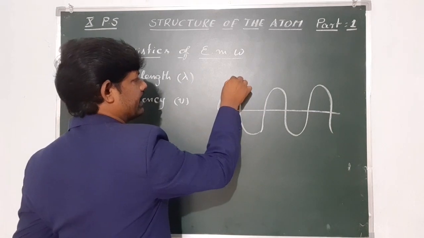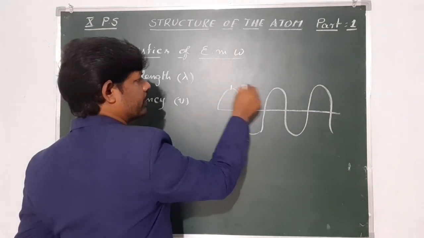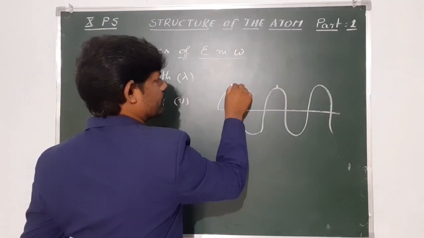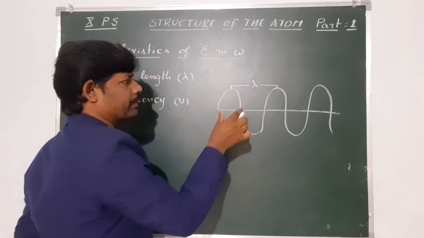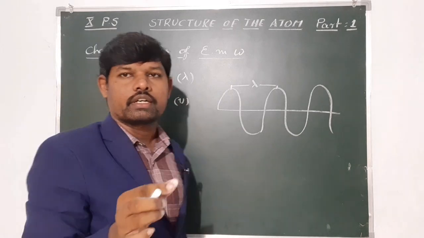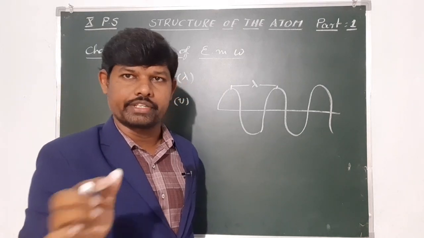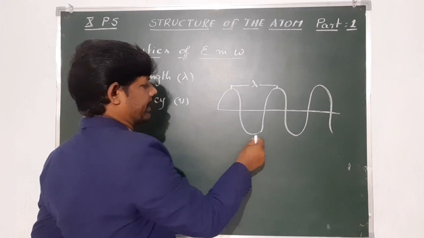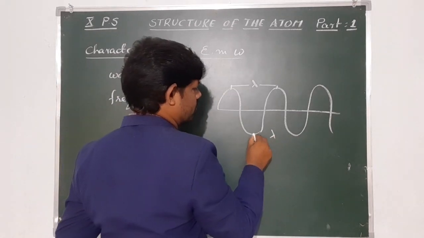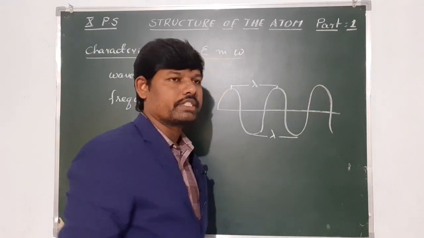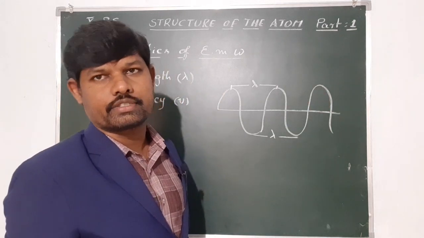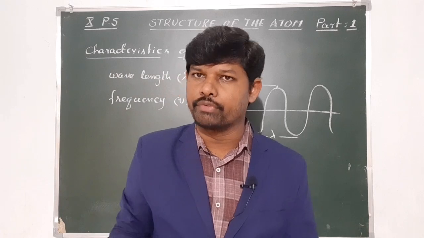The distance from one peak to another peak is called wavelength. The distance between any two consecutive peaks. You can take here also, this is also wavelength. The distance between any two peaks of the wave is called wavelength.